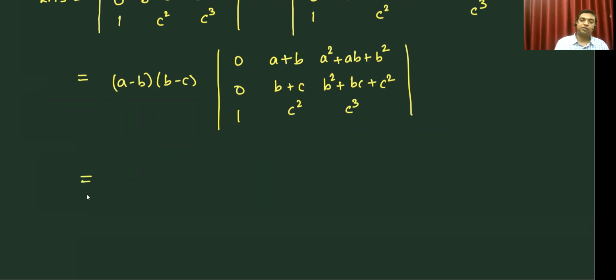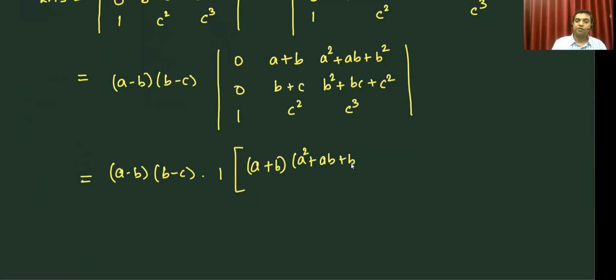So now let us do this. When you expand about the first column, this is plus sign, minus sign, plus sign for cofactor. So cofactor will be 1 times, determinant will be, 0 times plus 0 times, 0 times minus 0 times any other term, plus 1 times, yeah, this one.